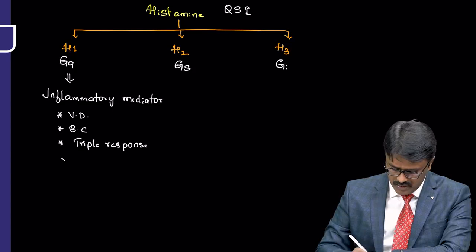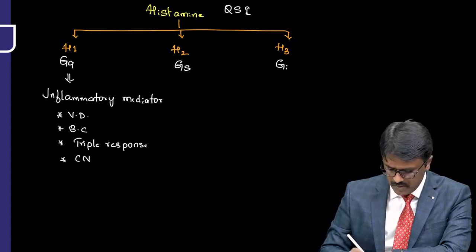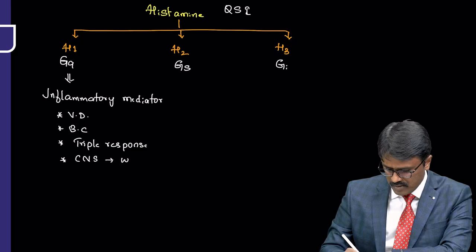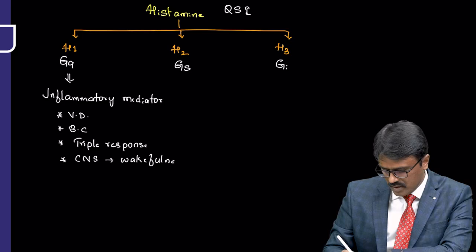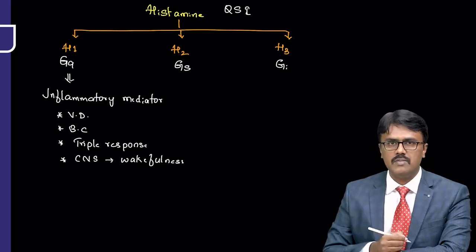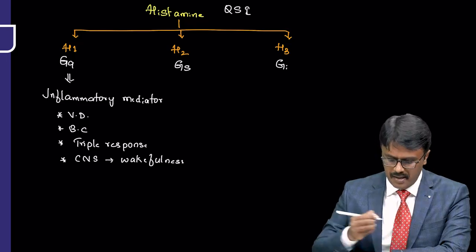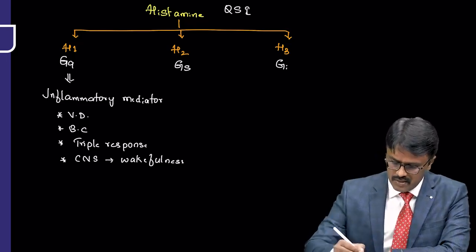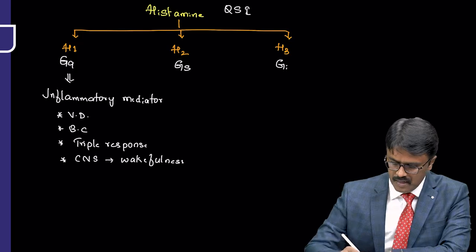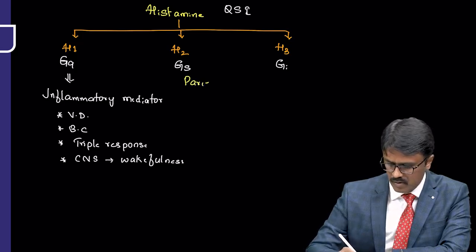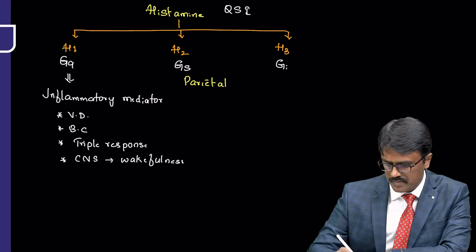And also in the CNS, this H1 is responsible for wakefulness. So the patient will be wakeful and histamine is responsible for wakefulness. Now Gs is present mainly in the parietal cells. What is the role of this in the parietal cell?